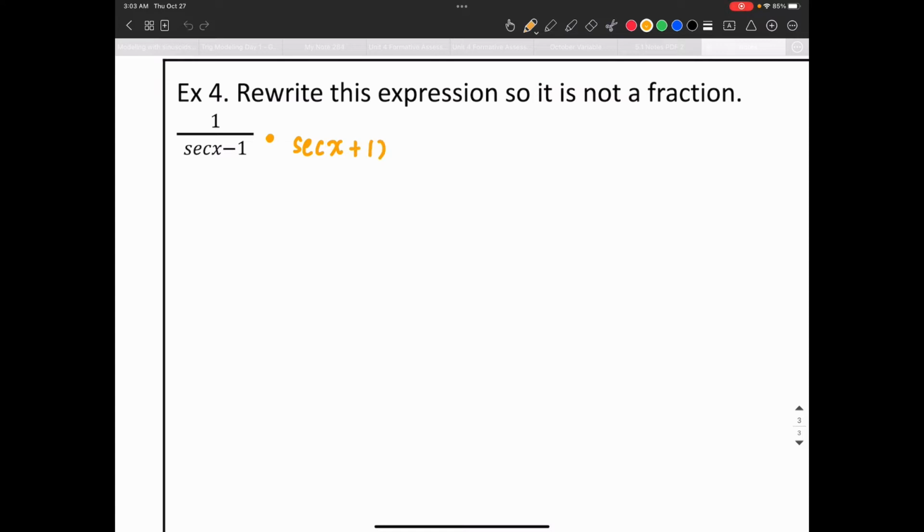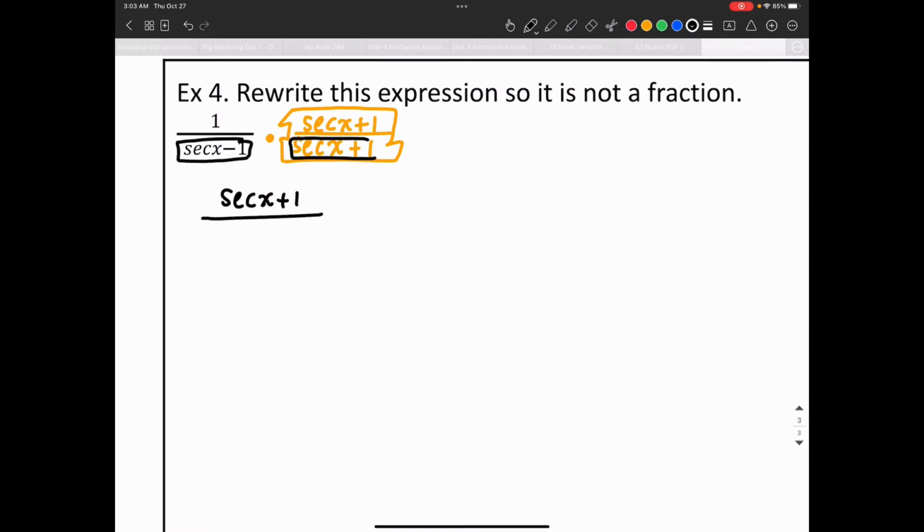I'm going to multiply by that in the top and the bottom, because remember, if you multiply a fraction, you have to multiply by a giant 1 so that you're not changing the value of the fraction at all. So I would end up with secant of x plus 1 on top. On the bottom, this is the difference of two squares, that's why I multiplied by the conjugate.